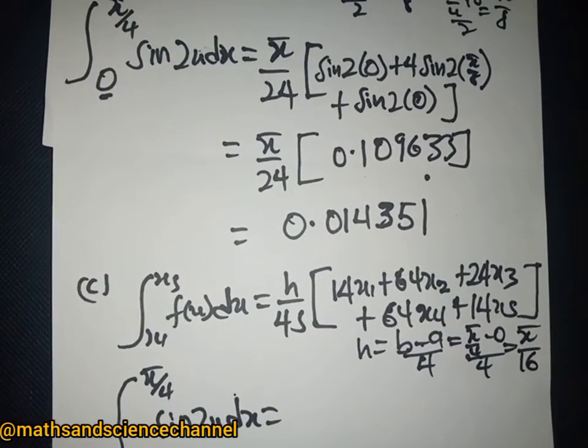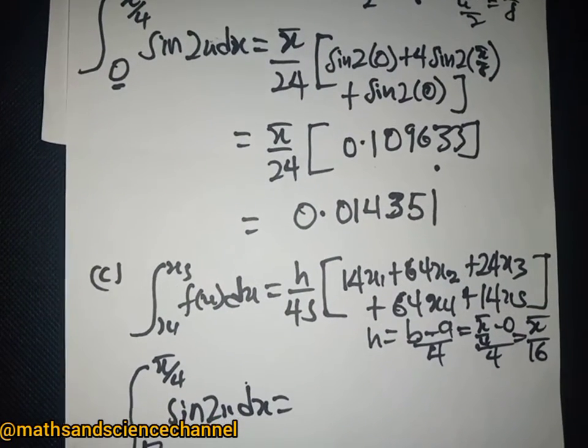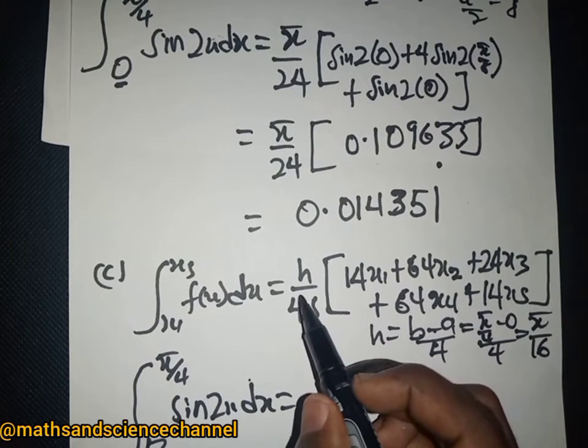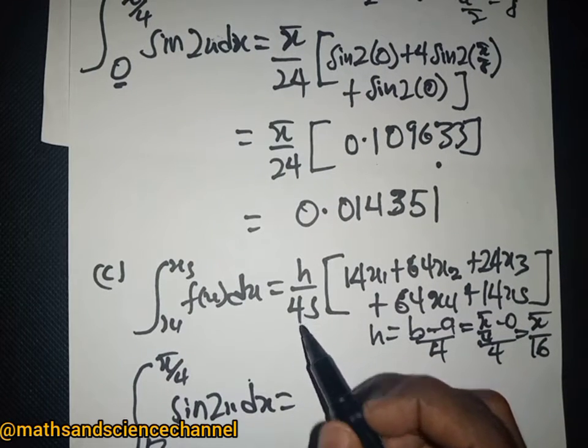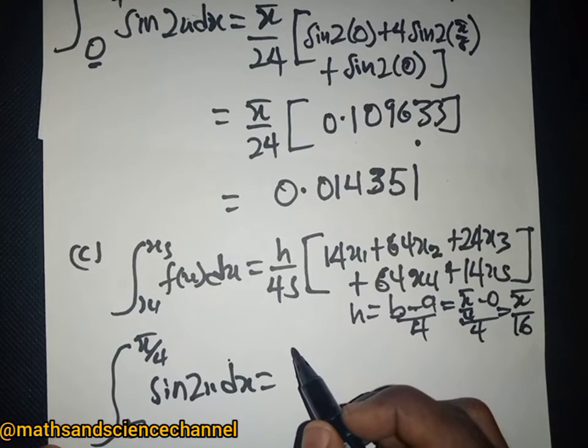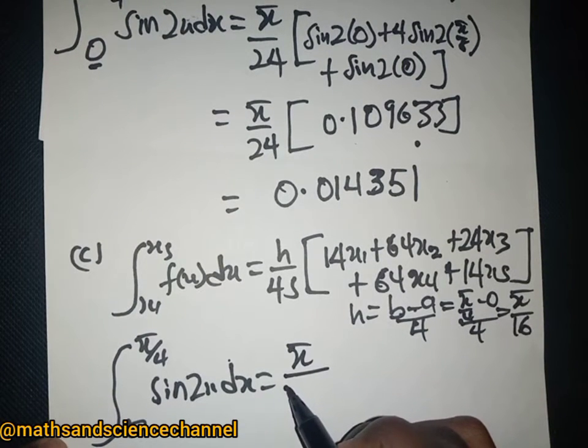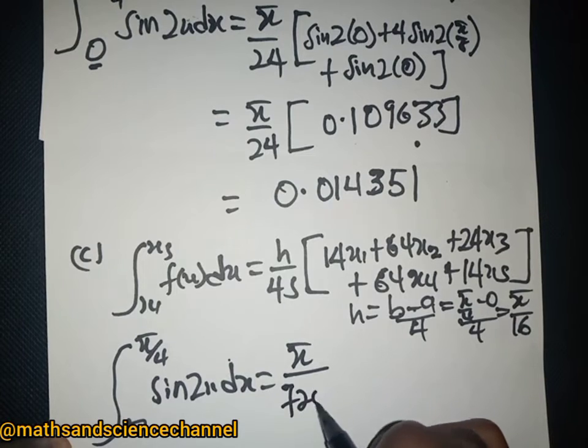Multiplied by 1 over 45, that will give us pi divided by 720.